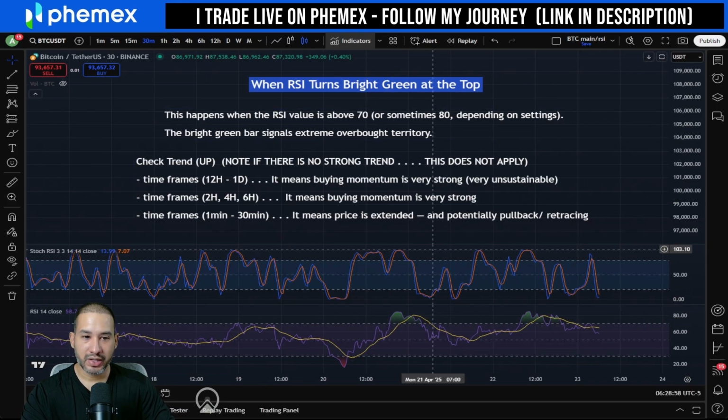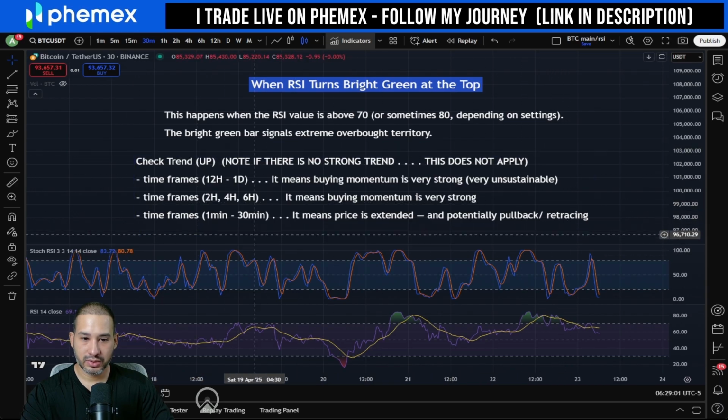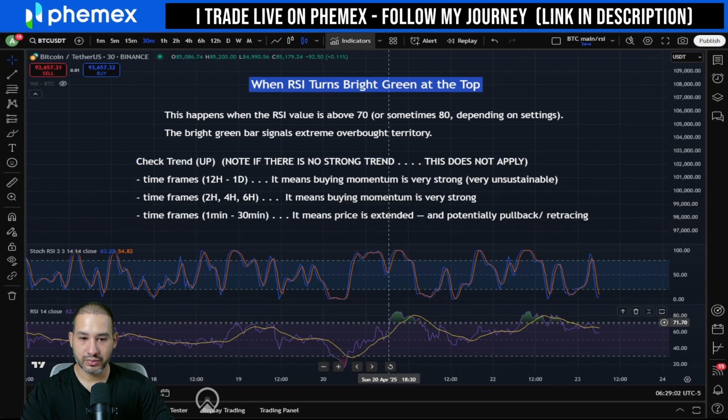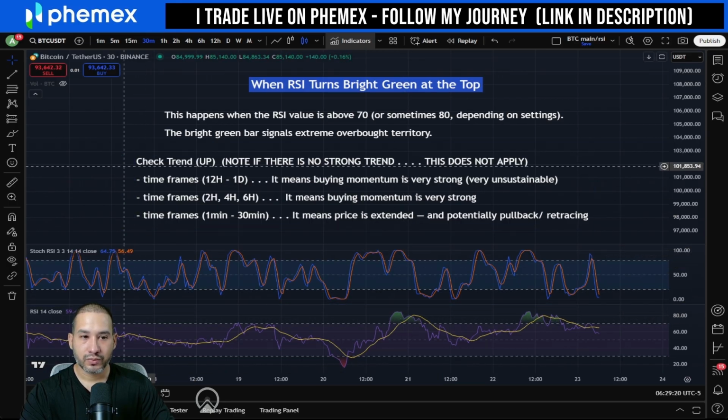Now, I made some notes to help use this in correlation with measuring how momentum is and if price is likely to continue going up for us showing signs of maintaining strength with stochastic RSI while being at the same time overbought. So the first thing you want to do is confirm the trend, right?